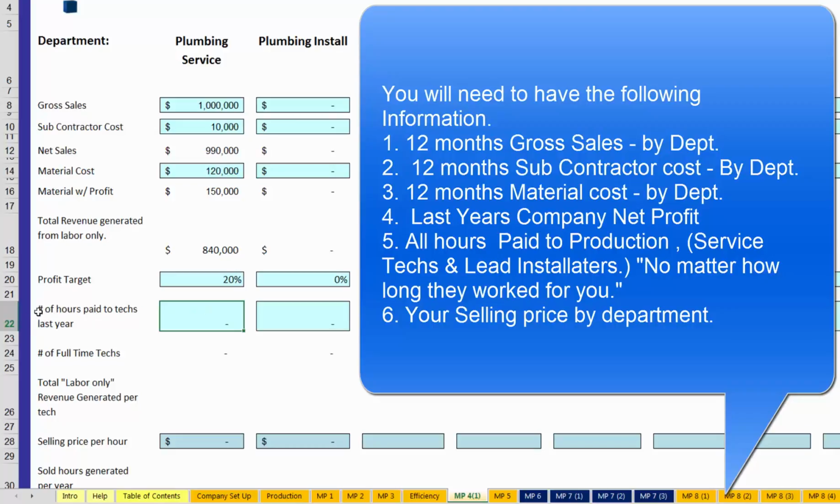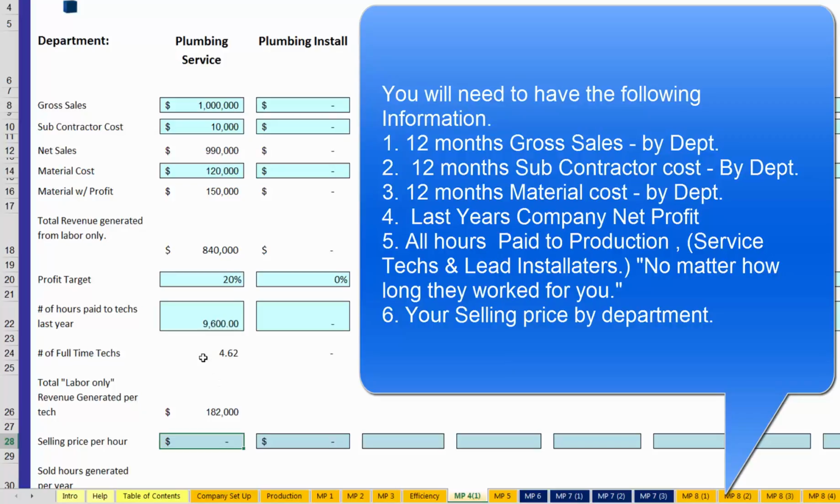Okay. Here's the piece that you have to do. You have to go back and get the hours paid to the technicians last year that worked in this department. Now that's for a technician that worked all year. That's for a technician that came in for 1 week and worked and then left you. Those are all technicians, so you need to add up all of those hours. All right? So I'm going to add up all those hours and say it was 9,600 hours.